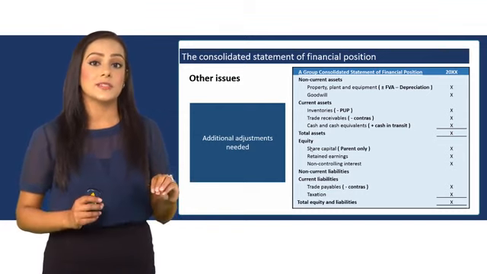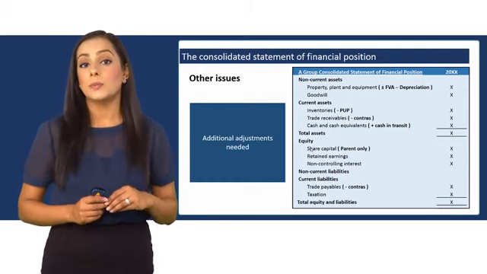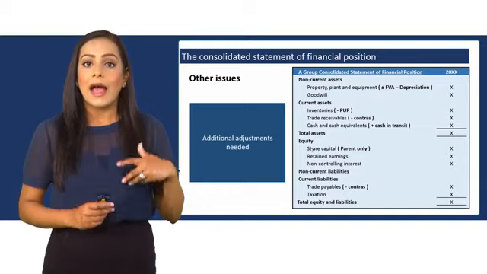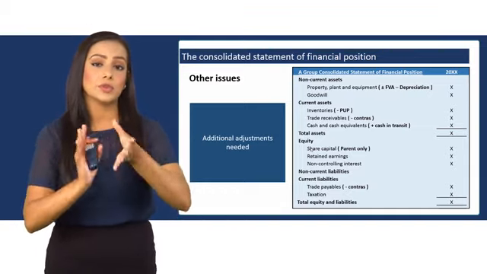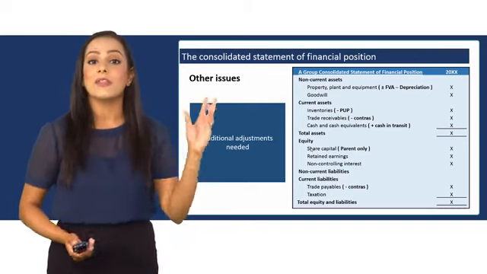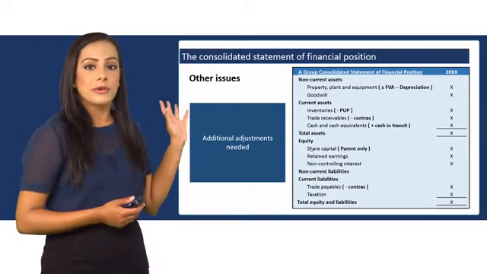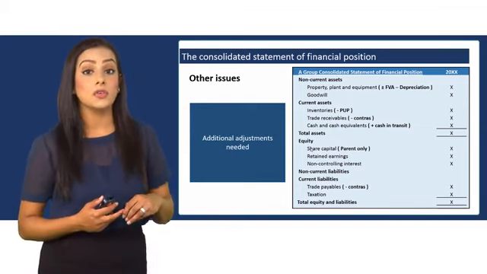But then you have an adjustment where you minus something called PUP. PUP stands for the provision of unrealized profits. And then this is deducted when there is something happening between the parent and the subsidiary, and the PUP is discussed in another video.